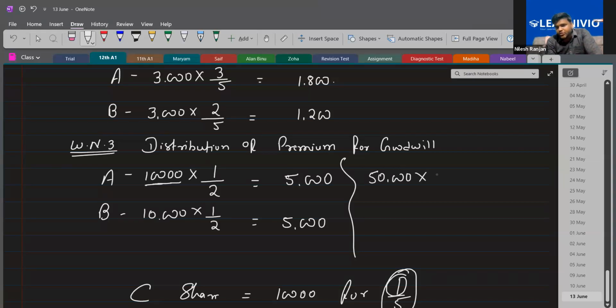So 50,000 into 1 by 10, 50,000 into 1 by 10, 5,000, 5,000. Answer is same. This is what I'm talking about. Now it is clear to you which item will be used.